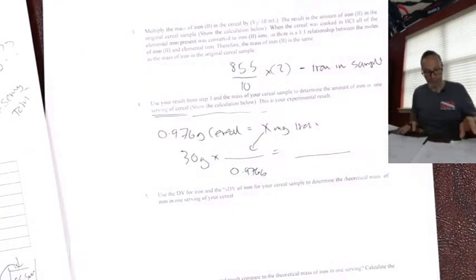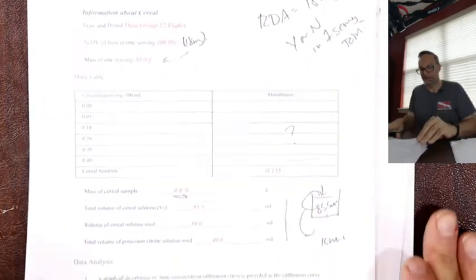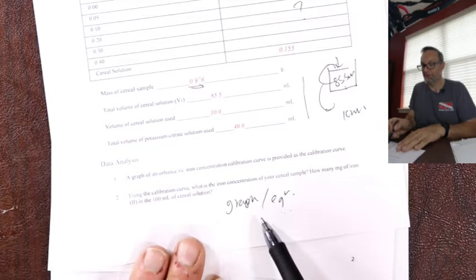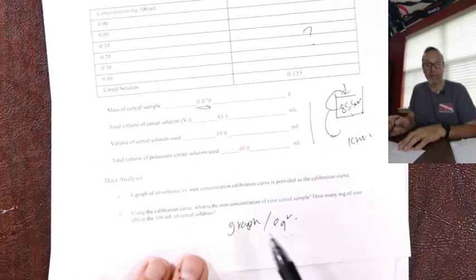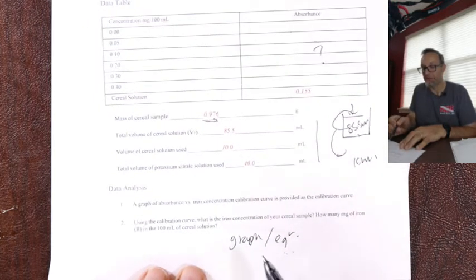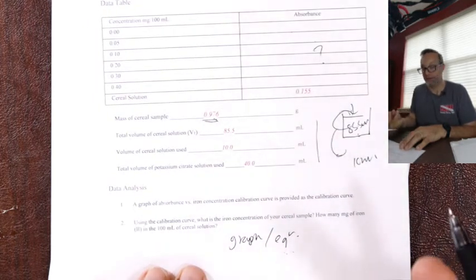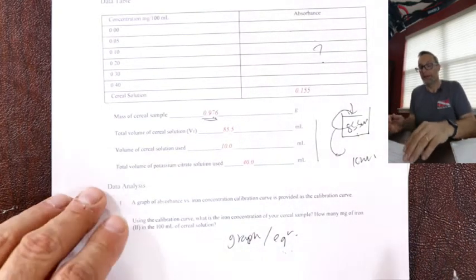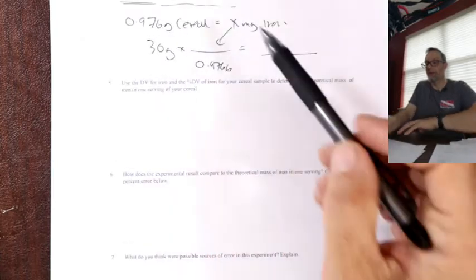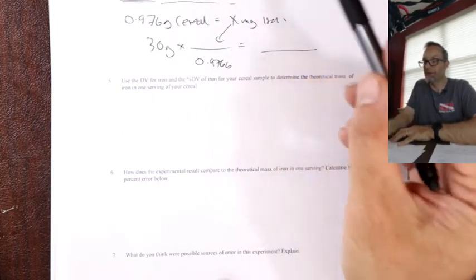So let's just recap. Rearrange the equation on the graph to solve for Fe concentration. Don't worry about the 100 milliliters, just go with the milligrams. So we figure out how many milligrams are in that 10 milliliter sample, and because you didn't collect 10, you collected 85, you just ratio that up, and that gives you the milligrams of iron.